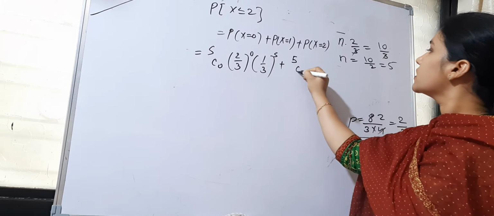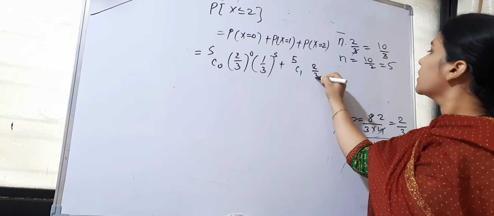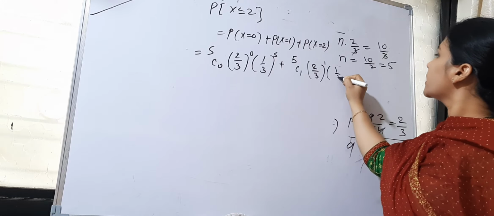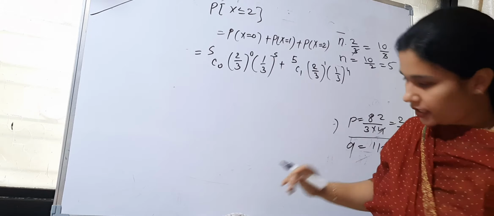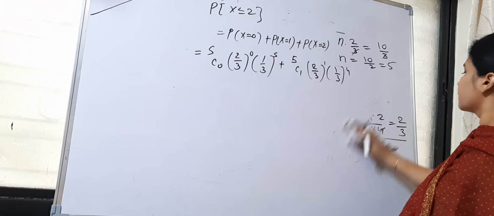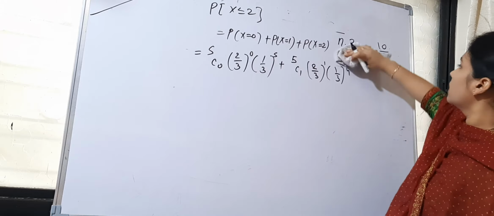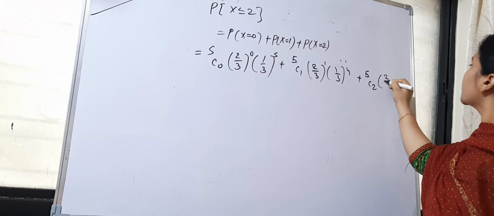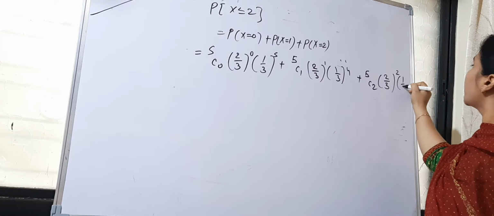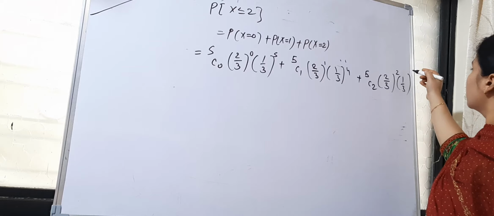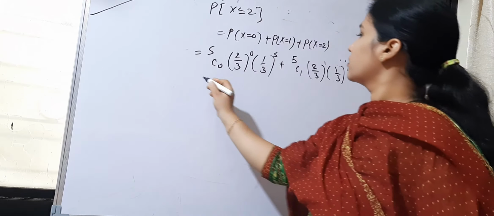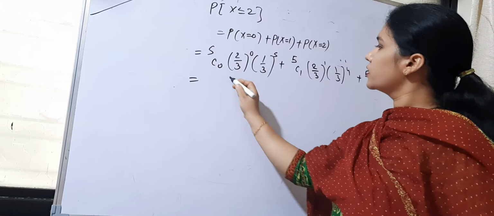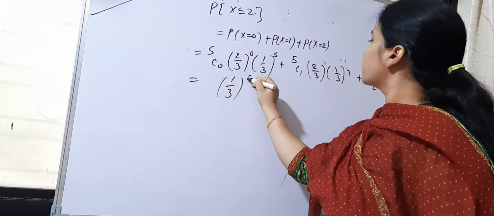Next, 5C1, 2 by 3 power 1, 1 by 3 power 4. Next, 5C2, 2 by 3 power 2, 1 by 3 power 3.